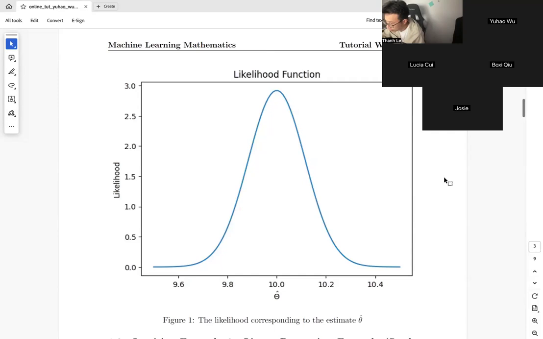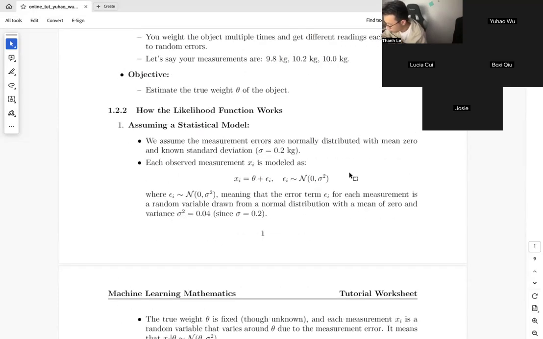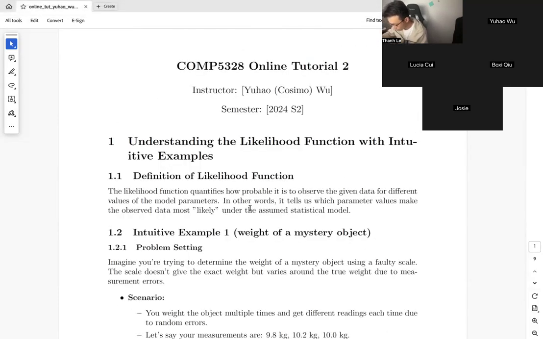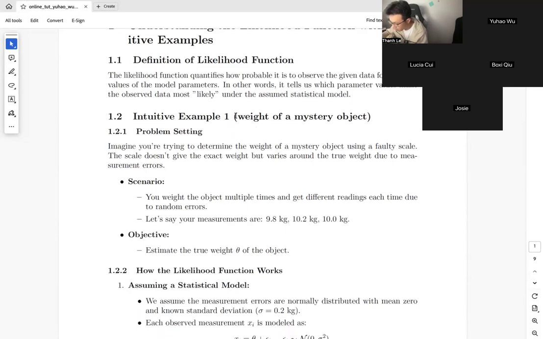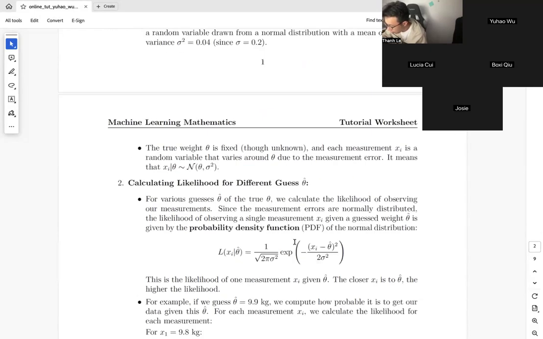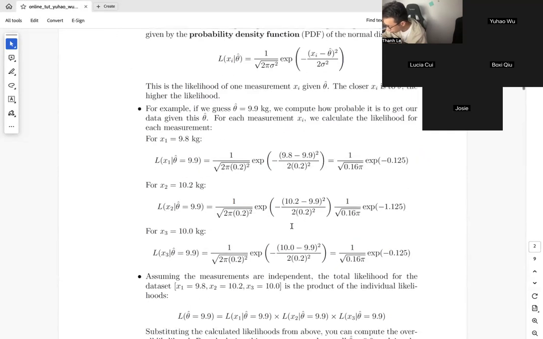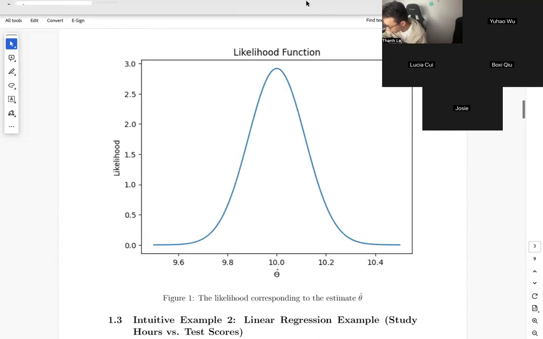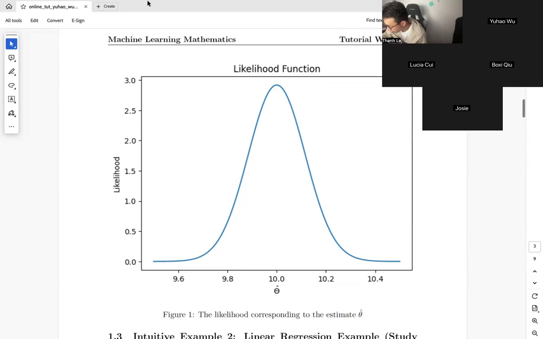So this is a very intuitive example of maximum likelihood. We use a very simple example of weighing an object, where our scale returns different measurements, and we use the measurements to find which value has the maximum likelihood and is the best approximation of the true weight.